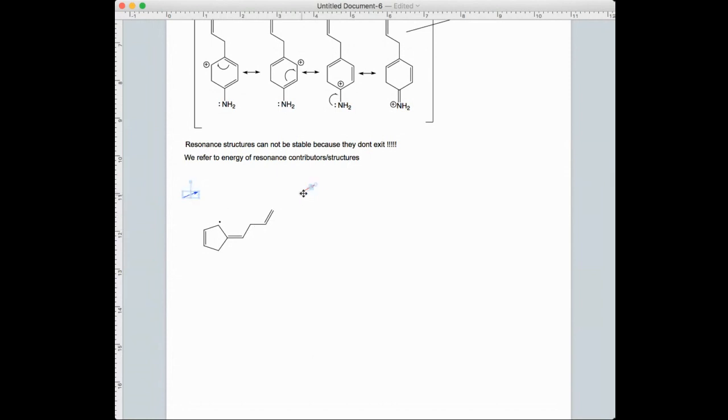Okay, so this carbon over here has a double bond, sp2 hybridized. The one next to it, same thing. This one on the bottom has all single bonds, therefore this must be an sp3 hybrid. Same as this one over here, double bond, sp2 hybridized.